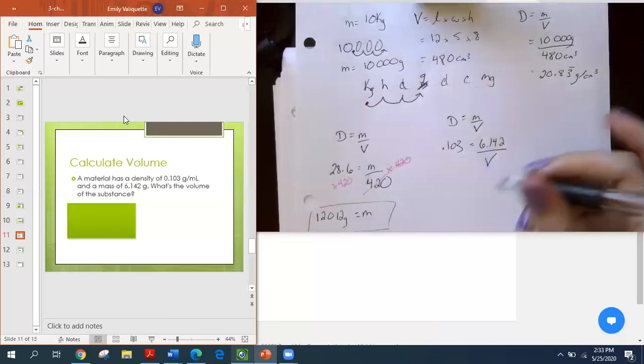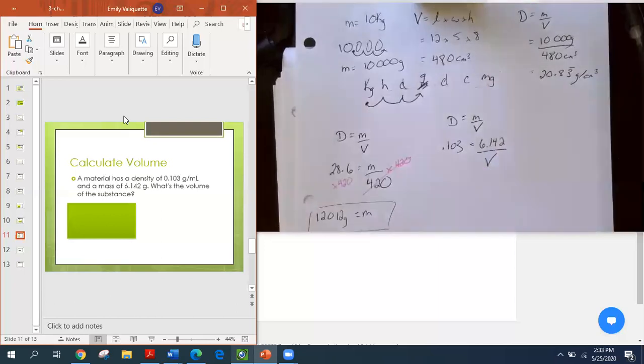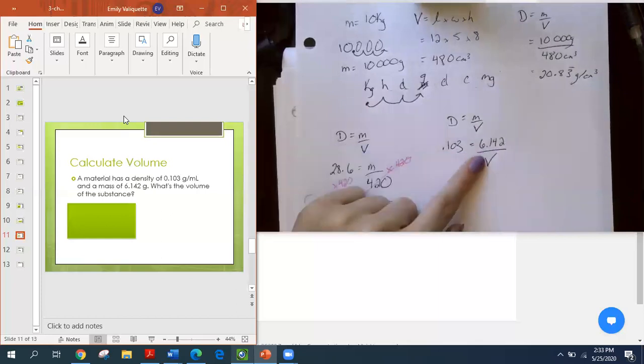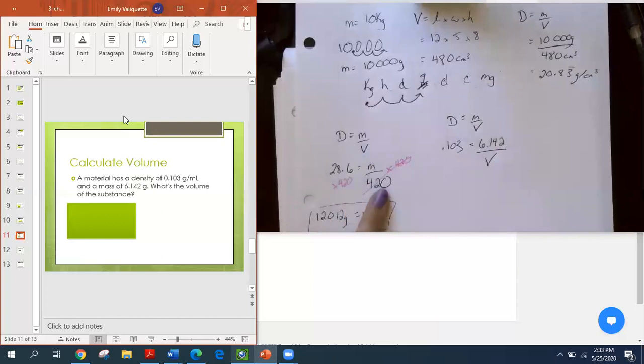Now, the one rule that you need to remember is that anytime you have a fraction like this, where you're dividing, the thing on the bottom, or the thing you're dividing by, has to be the thing to move to the other side whenever you're trying to isolate a variable. Just like we did here, we had to move the 420 to the other side.